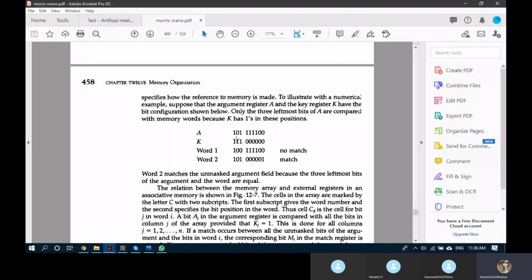Because the corresponding bits of 101 are 111 in K, whereas the corresponding bits of the rest of the segment are 0 in K, and therefore only these 3 bits will be matched against the words in the associative memory. These 2 are the words in the associative memory. This 101 and this 100: there is no match. This 101 and this 101: there is a match.